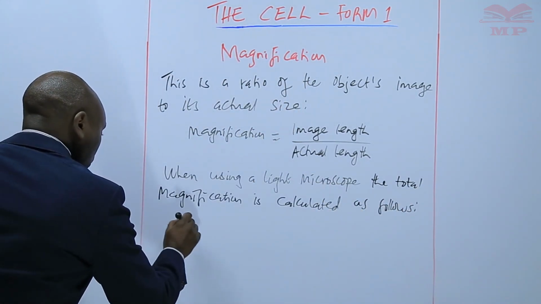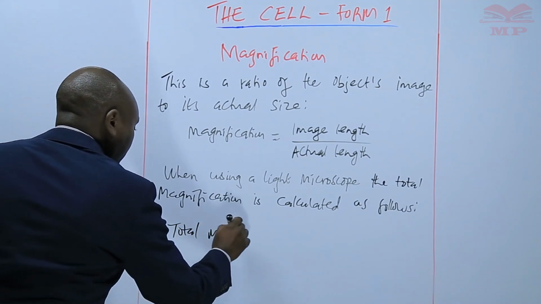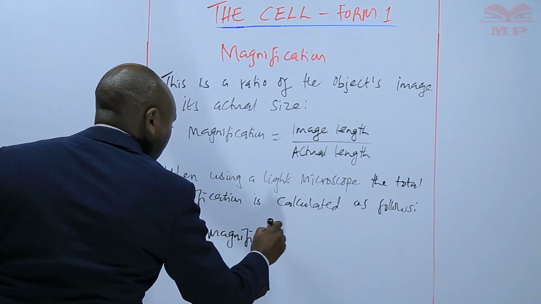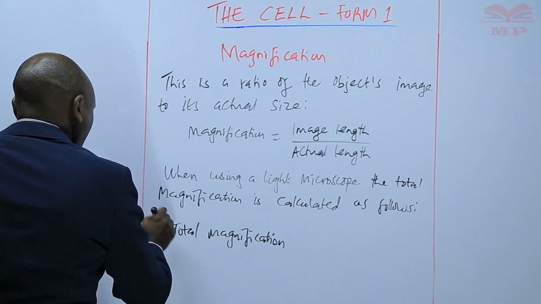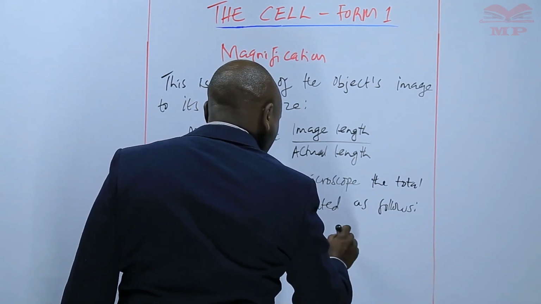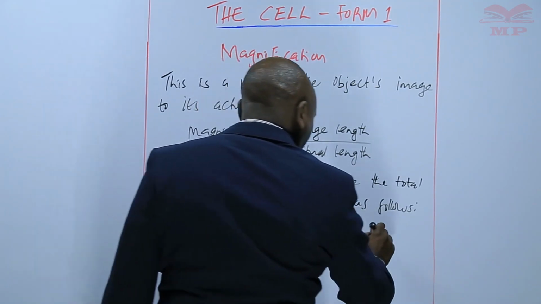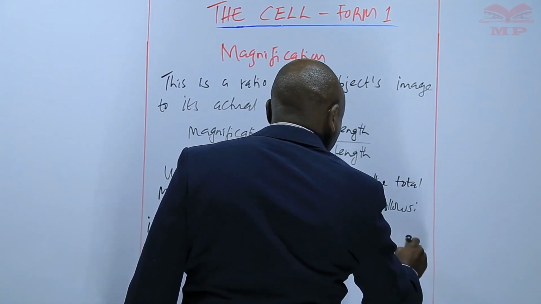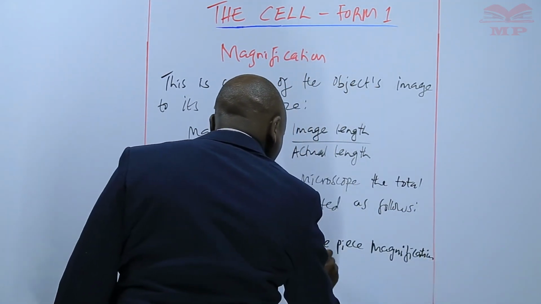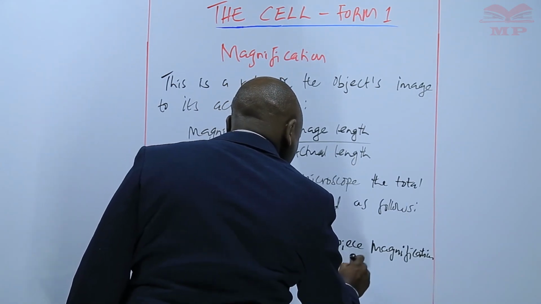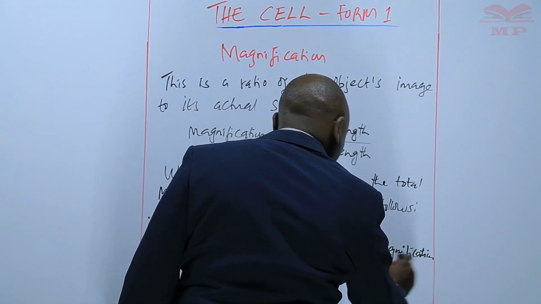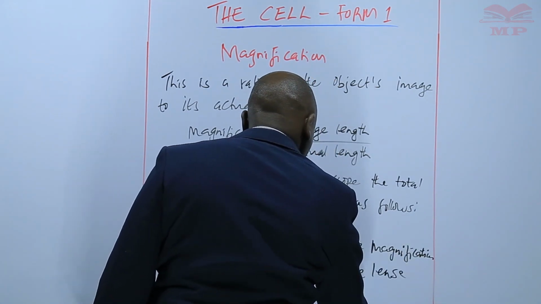Total magnification is equal to eyepiece magnification times objective lens magnification.